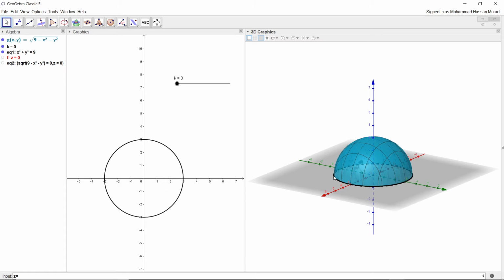And the domain is shown in the xy plane, which is a disk, the set of all points inside and on the boundary, defined by the equation x squared plus y squared is smaller than or equal to 9. Now, if we set the k value 0, we get in fact this circle as a level curve.